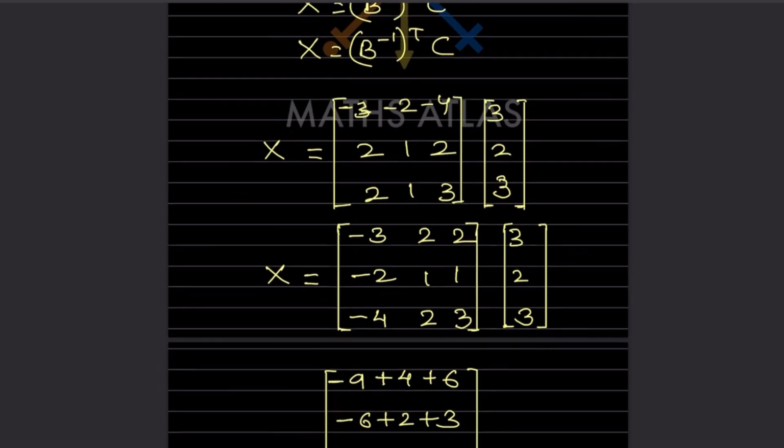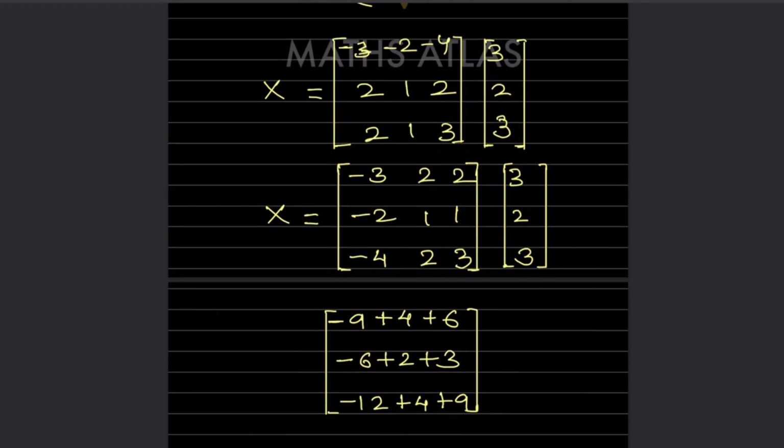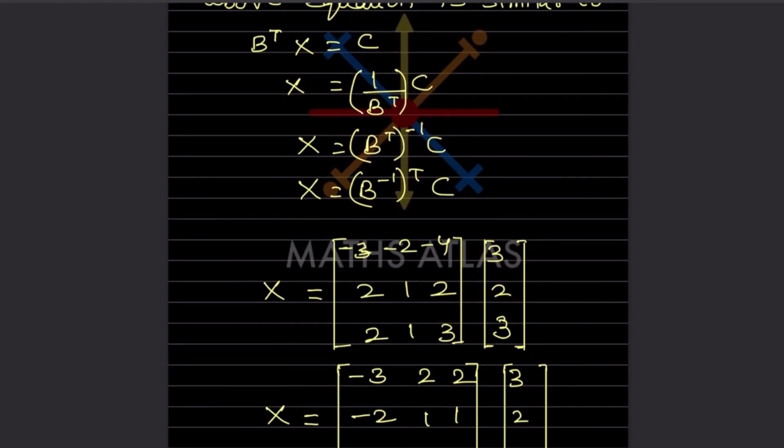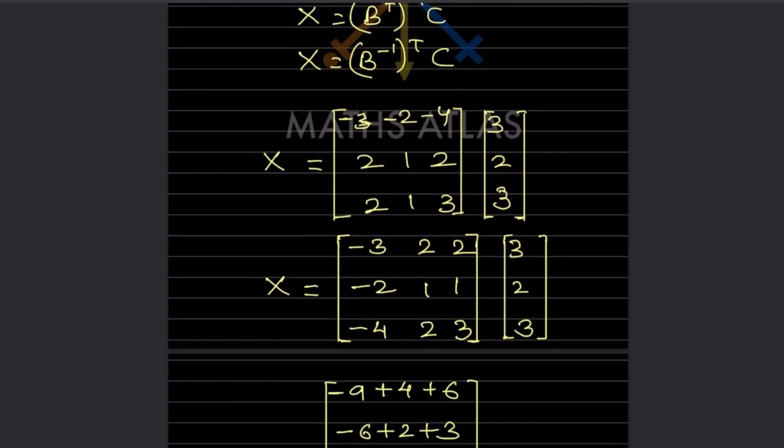So now when you solve this one, what are you going to get here? Here will be minus 9. Actually this is the B inverse, but we want the transpose of this. So this is what we have done, this is the transpose of it. So here, see here, 3, and this 2 will go here, this 2 will go here, because this is the transpose of it.